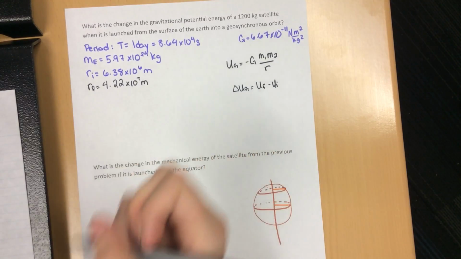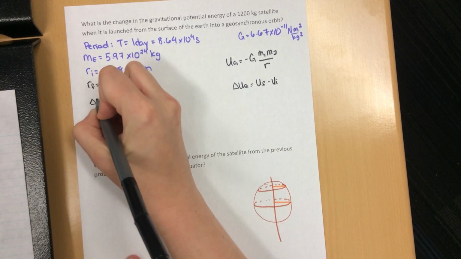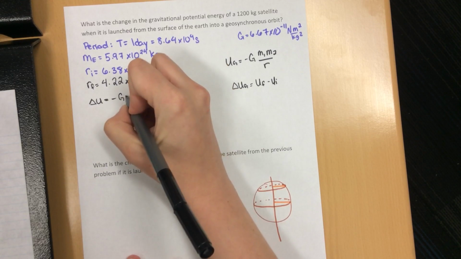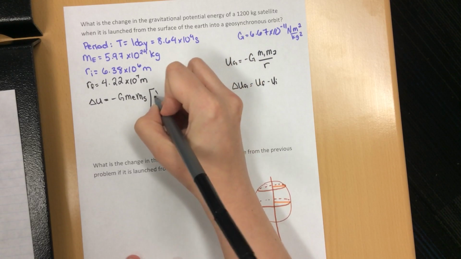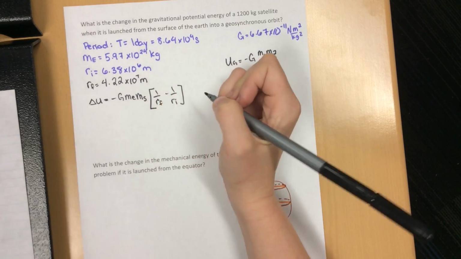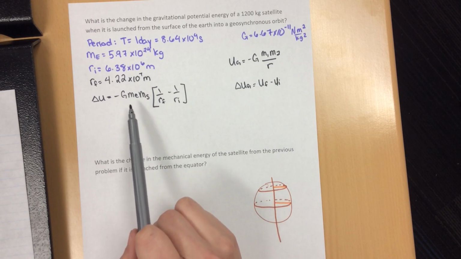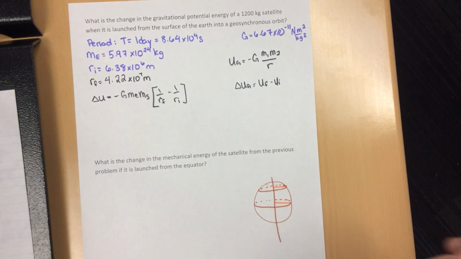I can simplify the way my math is written by looking at the same equation like this. This means the same thing as taking the final G M1 M2 over R_F minus my initial G M1 M2 over R_I. I just factored it into something a little bit neater.